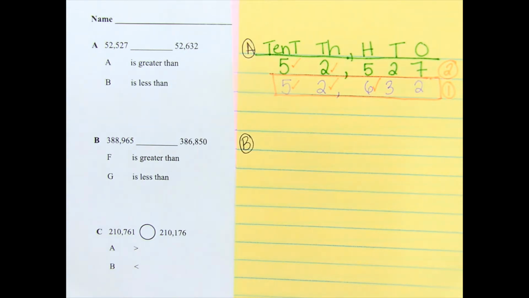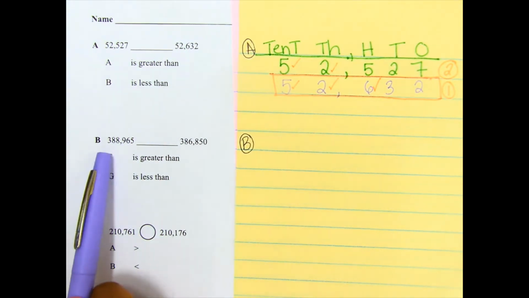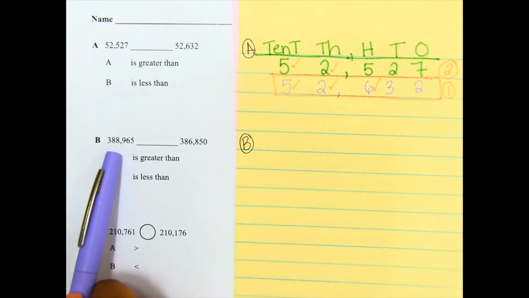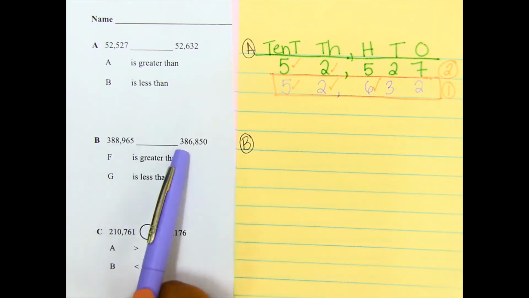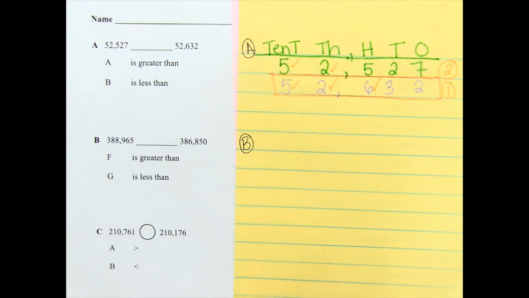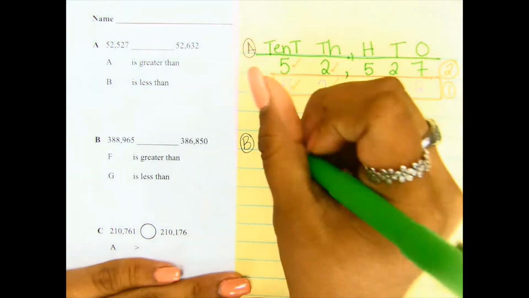So it says here, 388,956 is blank to 386,850. So here, same process, but now our numbers are higher. We have our 100,000s. So this is what I'm going to write. I'm going to do another place value chart.